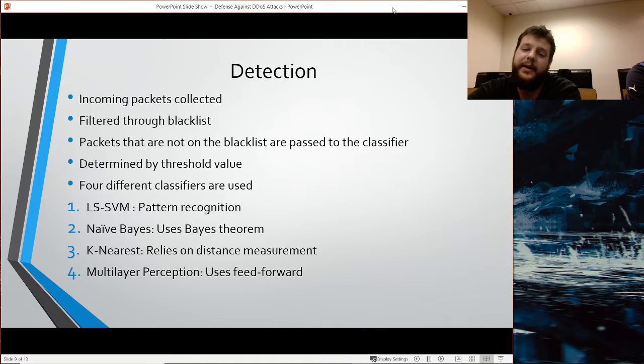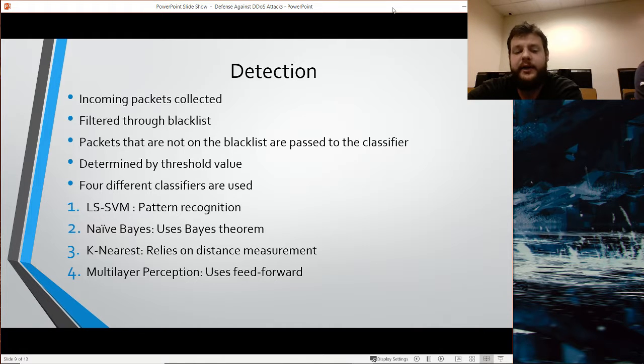Packets that are not on the blacklist are passed to the classifier, and packets that are on the blacklist are just moved to the prevention section of the system. Whether traffic is bad or good is determined by a threshold value that can be altered by the system administrator.